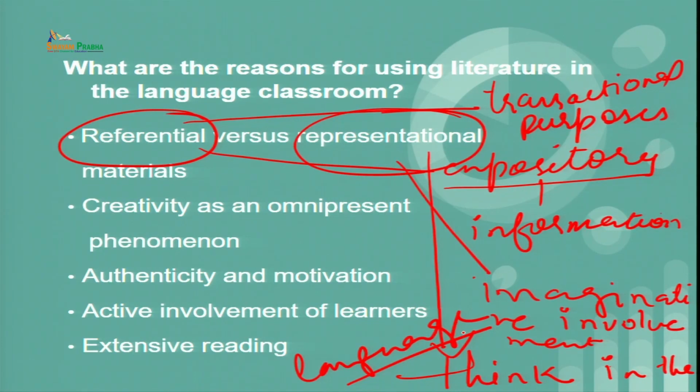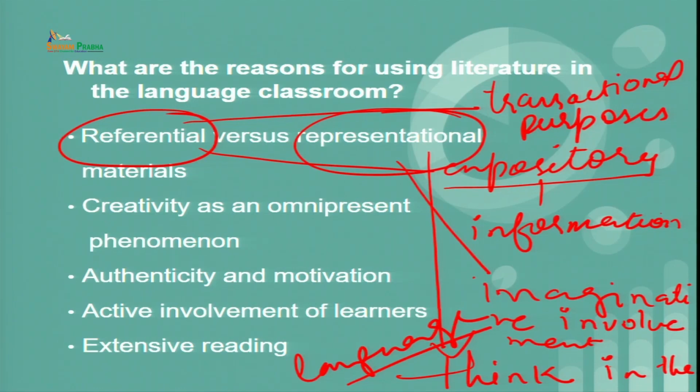Now again, if we have to differentiate between these two concepts, I would assert that referential refers to the denotative meaning of the text, while representational gives you a form through connotations. Referential denotative meaning simply takes us to the point that the text is being considered in a literal way.